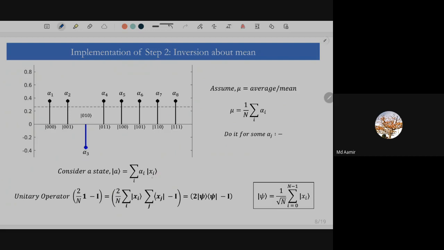So we have a state like this, and we have to find the mean. So the mean is mu equals 1/n times the sum of alpha_i, and then we have to find the inversion. What's the value after inverting?